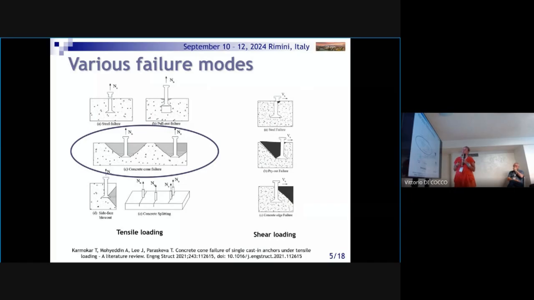Steel failure, when the steel anchor is torn, and pull-out failure, when the steel anchor is pulled out from the concrete; side-face blowout, when the part of the concrete at the face of the anchor fails; then concrete splitting, when the concrete substrate fails or splits at the location of the anchors; and the more interesting kind of failure that we actually investigate in our project is concrete cone failure, when the concrete cone around the anchor fails.